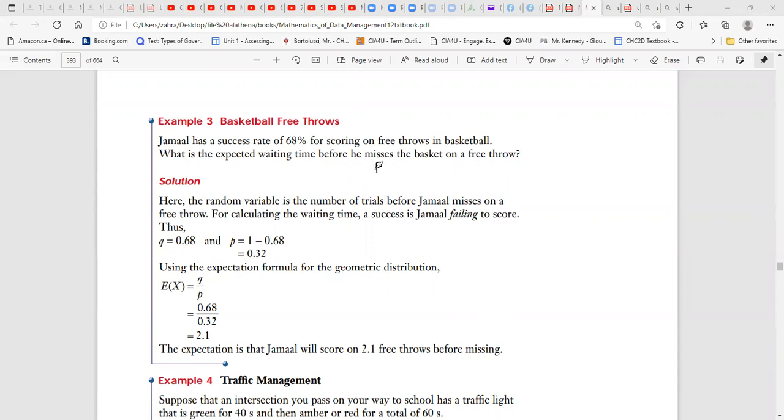Because you are waiting until the success happens. So this will be your Q then. So we have Q, the probability of the failure, and the success happening. So P is going to be 1 minus 0.68, so P is 0.32. So Q over P will give you 2.1.